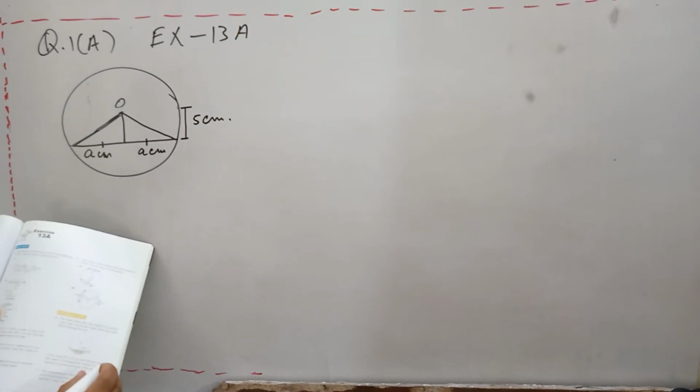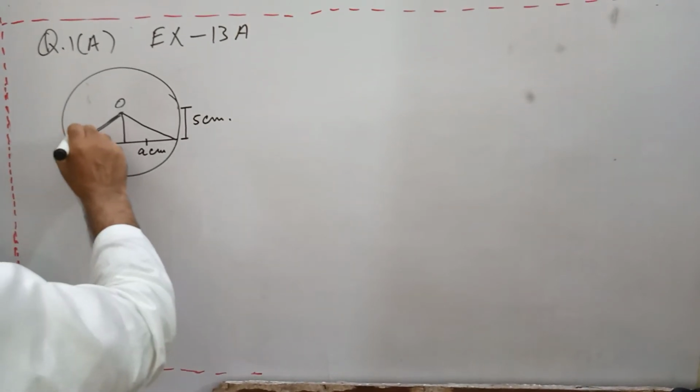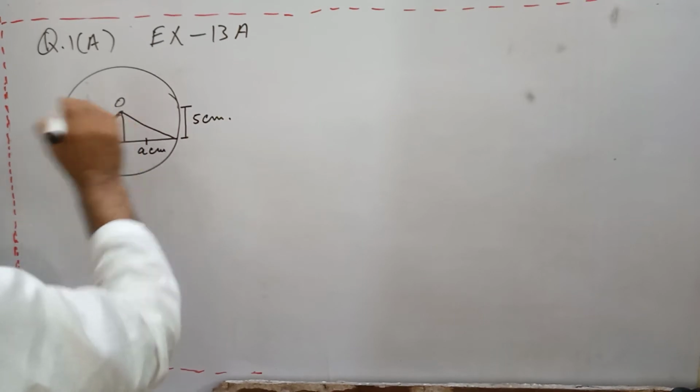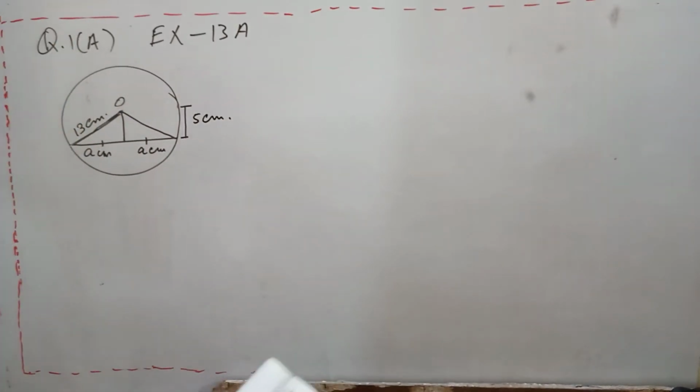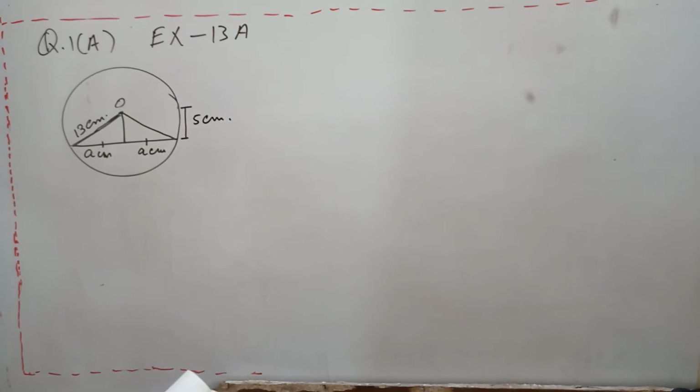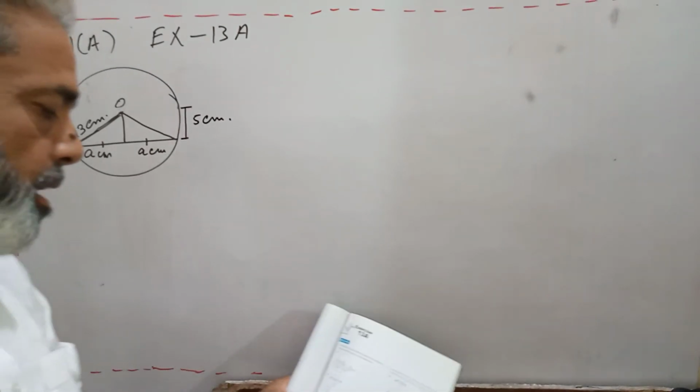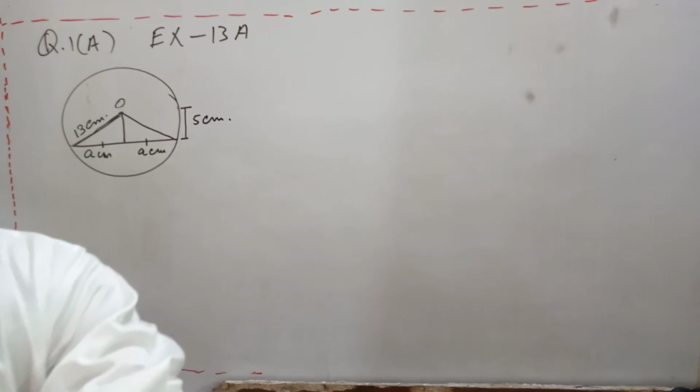And the radius is 13 centimeters. So we have to calculate two things: one is the value of A and the other is the value of B.